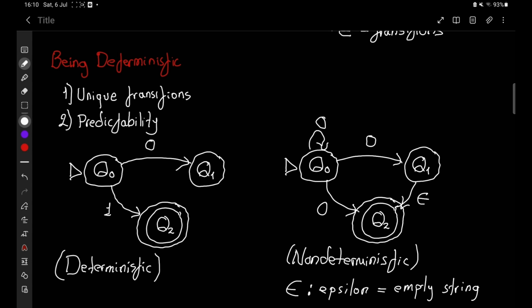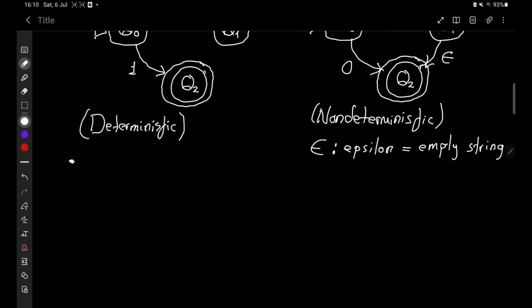However, in DFA, every transition must be based on an actual input symbol from the alphabet, and epsilon transitions are not allowed. Let's write it. Epsilon transitions are not allowed in DFA.